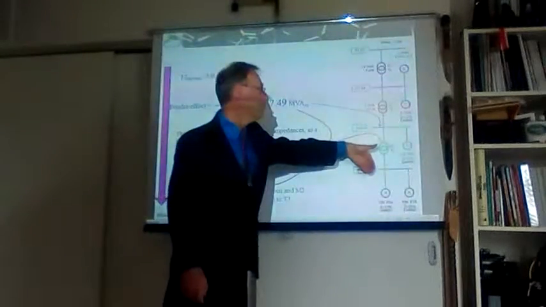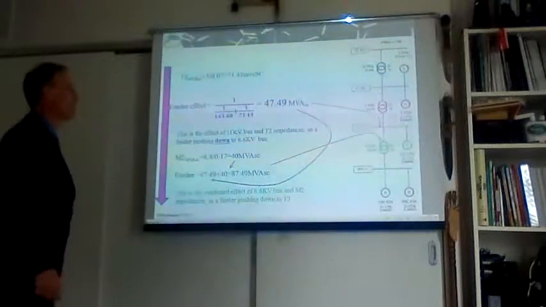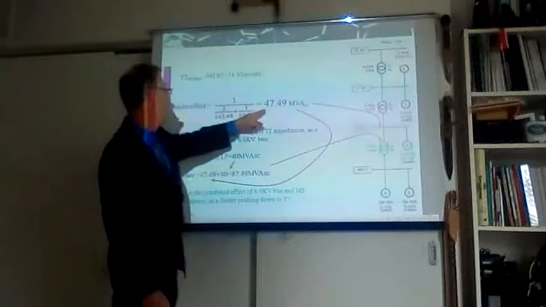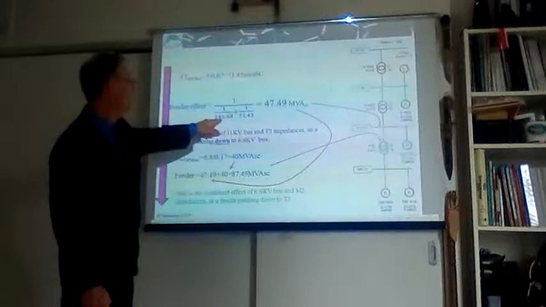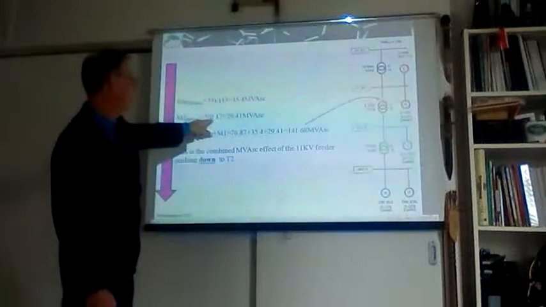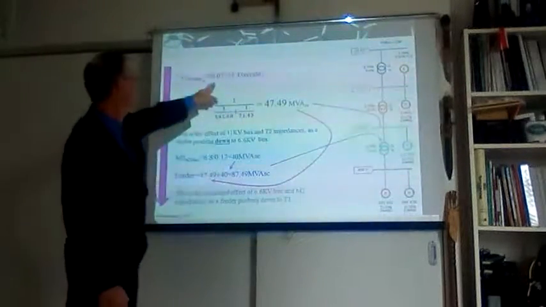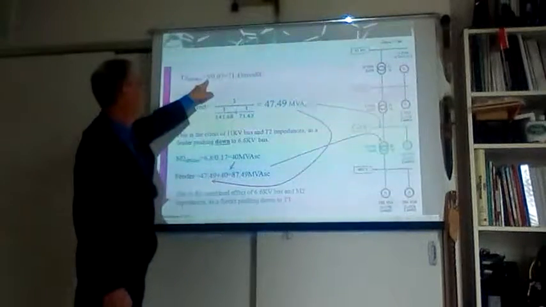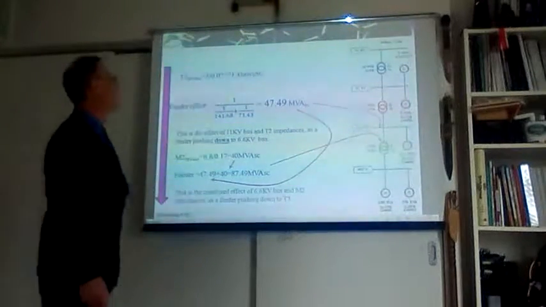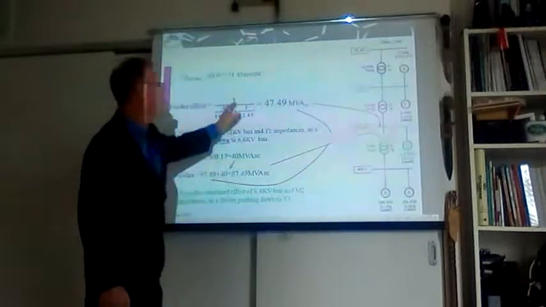Then we go farther down and we see the contribution to that bus. And that will be the 141 MVA we saw before, plus the 5 MVA divided by 7% internal impedance, which is 71 MVA.